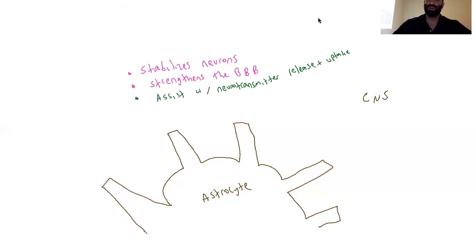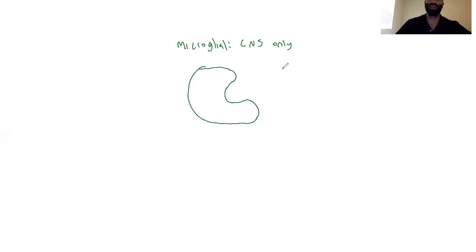Now the next one is going to be something called the microglia. And the microglia, these are found in the central nervous system only. And these are modified macrophages. So this is a microglial cell.